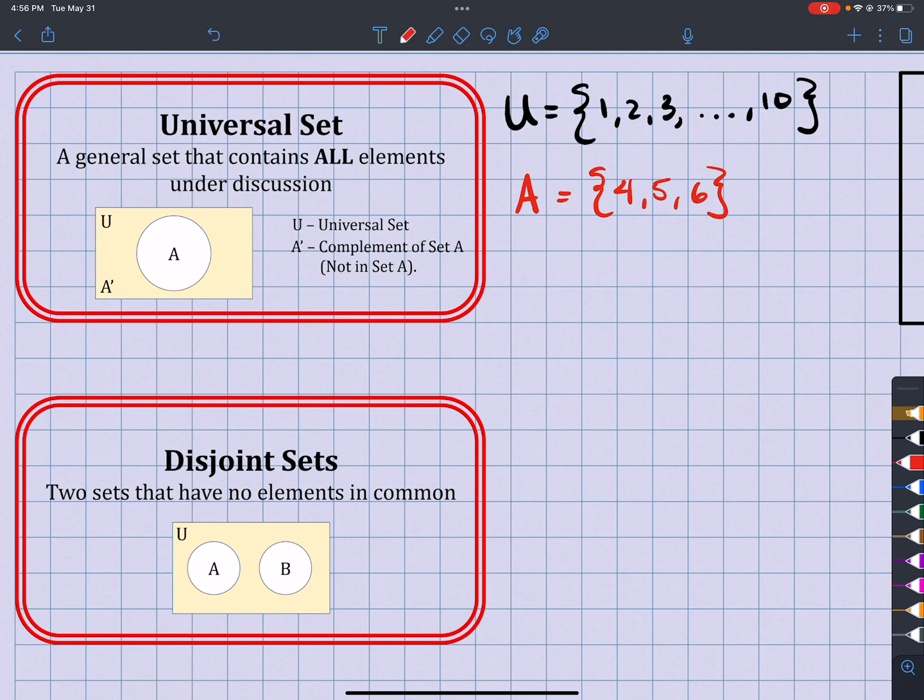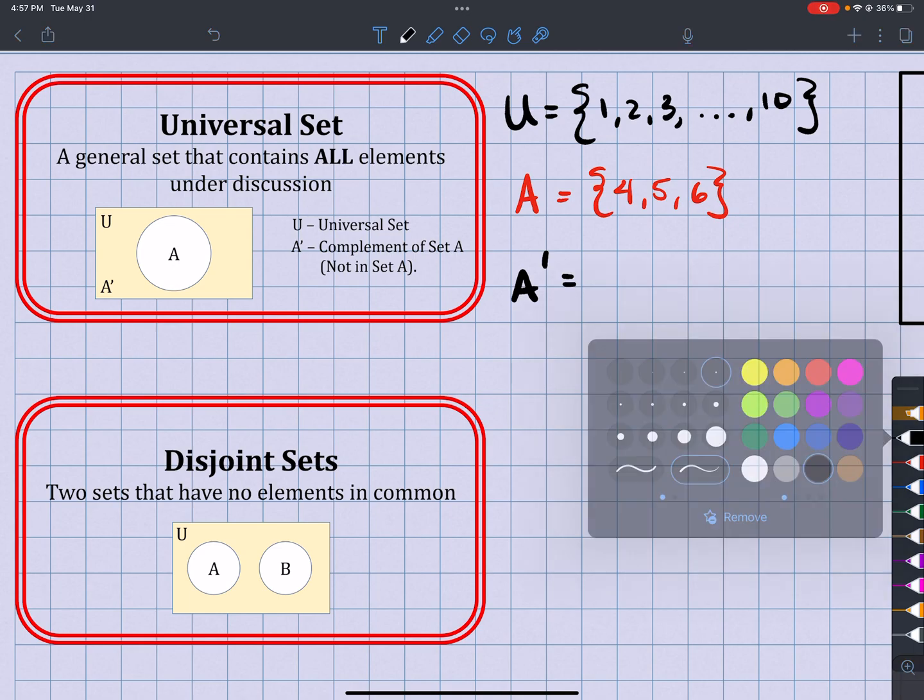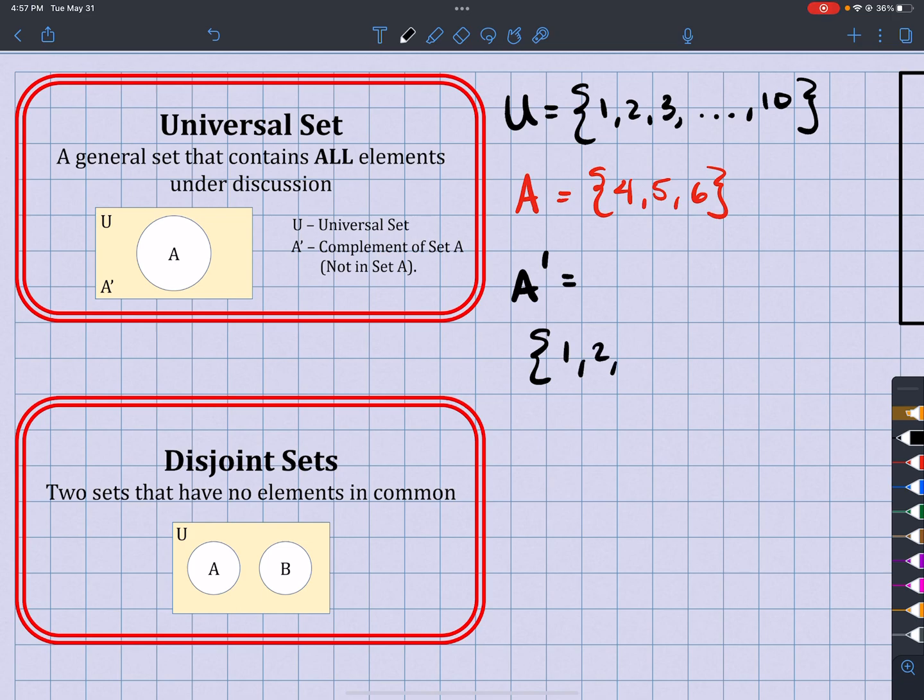If I was to say, what is not A, you can bring down the universal set, which was 1, 2, 3, 4, 5, 6, 7, 8, 9, and 10. Then ask, what is in A? A has 4, A has 5, and A has 6. Those are the numbers that A has.